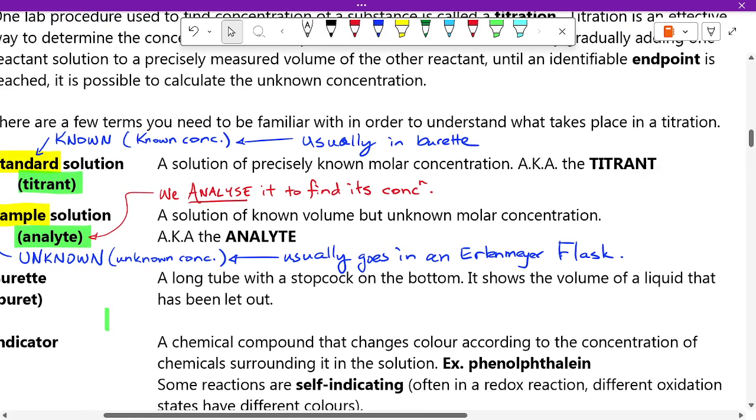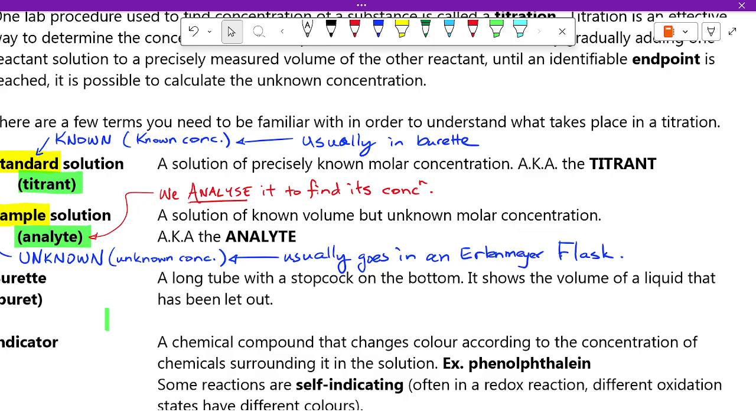The burette is that long tube with a stopcock at the bottom. That's also known as the tap. I'm sorry, that's the name, I had nothing to do with it. This burette shows the volume of liquid that has been let out.